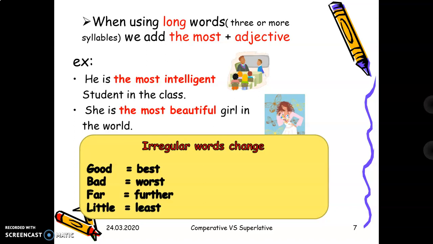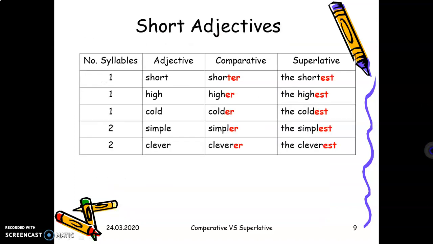Again, I'm going to make a small comparison between comparative and superlative in two ways: when we have a short word, and when we have three or four syllables. When we have a short adjective in the comparative, we put er plus than.